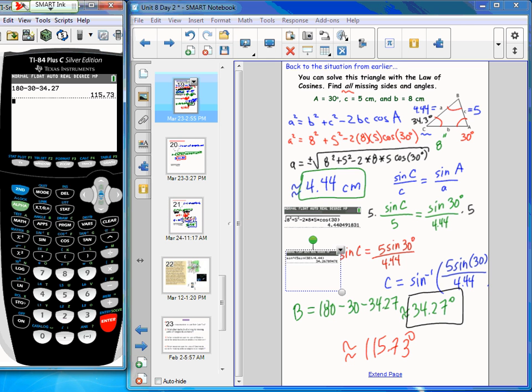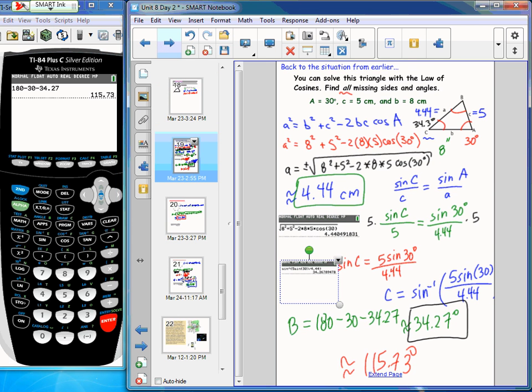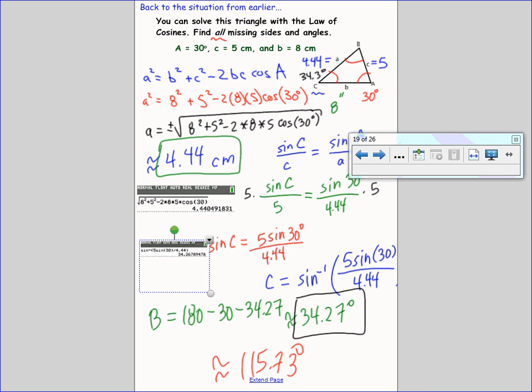Gosh darn it, we solved all of it now. Thank you for your patience and for returning to that example so that we could practice doing an inverse trig function with law of sines. Back to the closure.